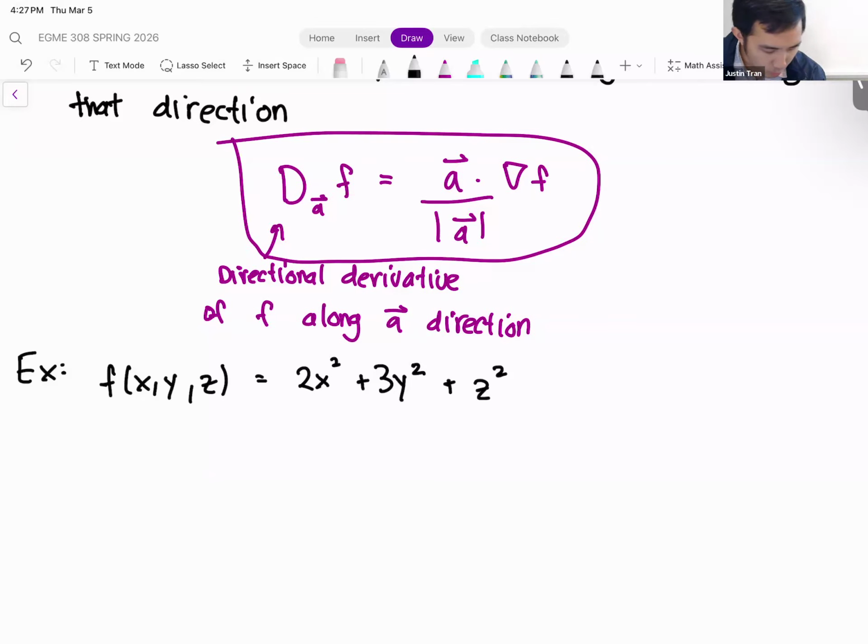Okay, and so let's say that we want to compute the directional derivative along this direction.